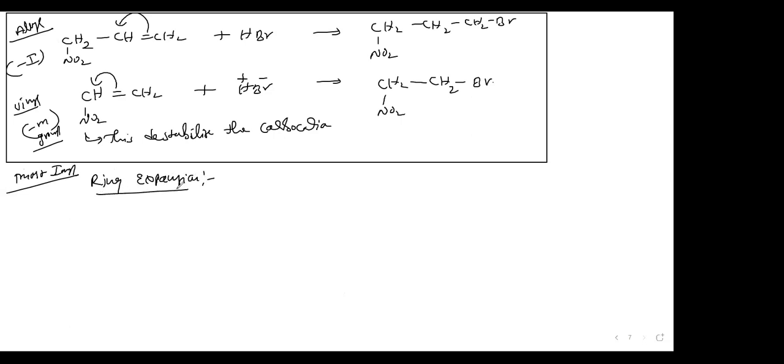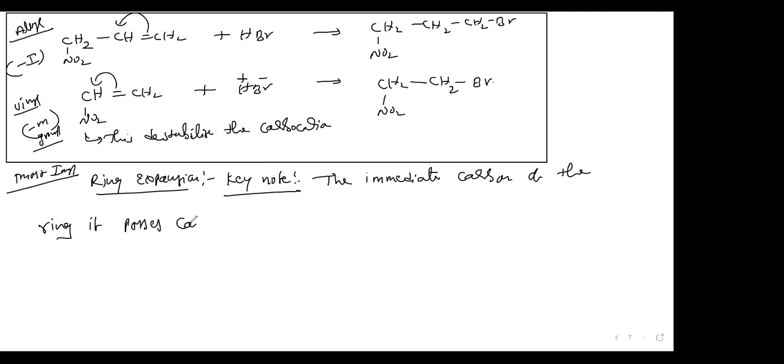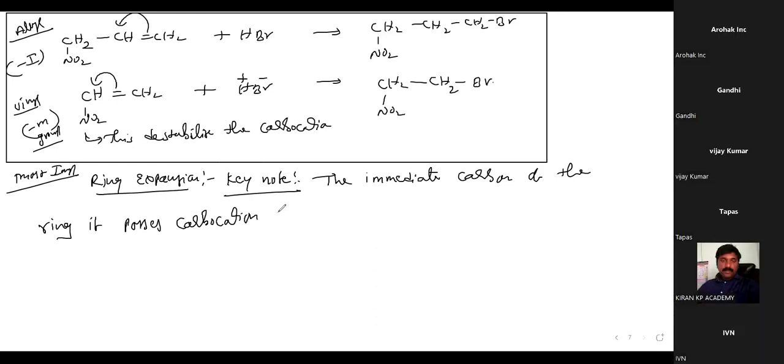When we expect there is a possibility of a ring expansion, just make this keynote: if the immediate carbon of the ring possesses a carbocation, then the ring expansion possibility will be there.